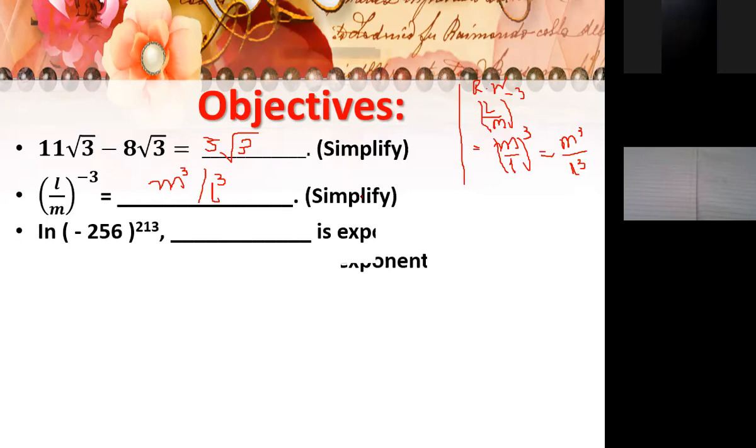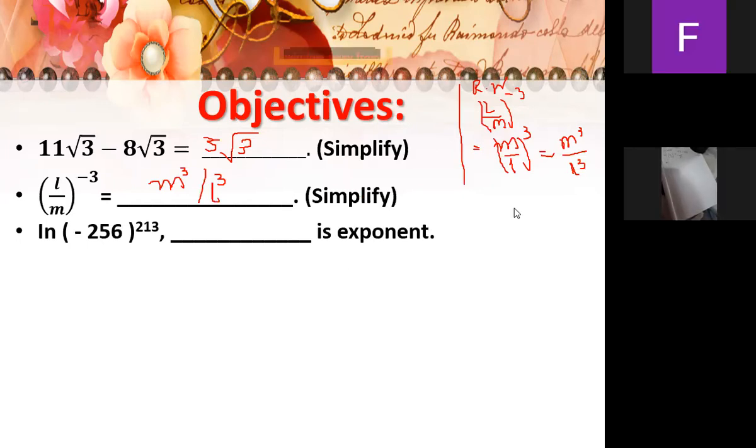Now next, in minus 256 whole power 213 dash is exponent. Now what will be our exponent? No, bracket will not come.